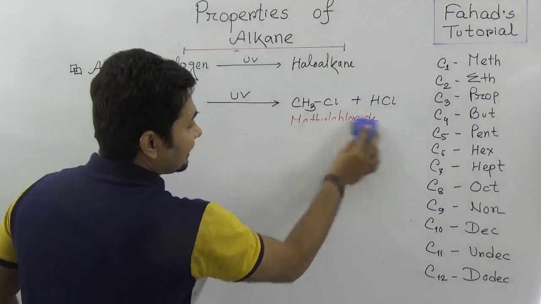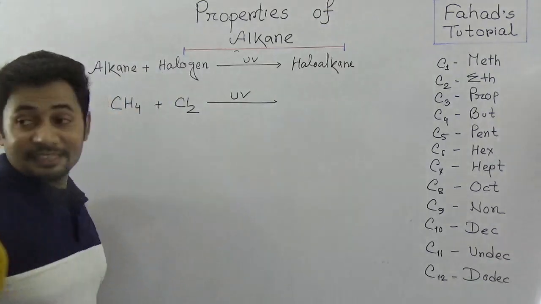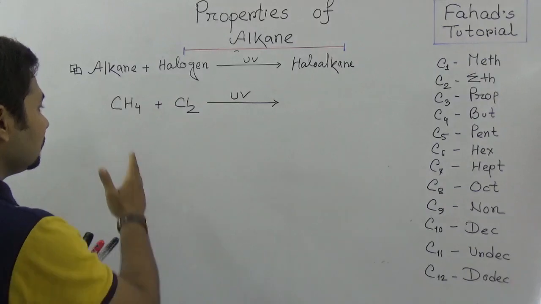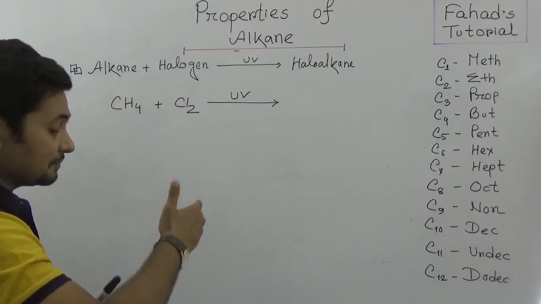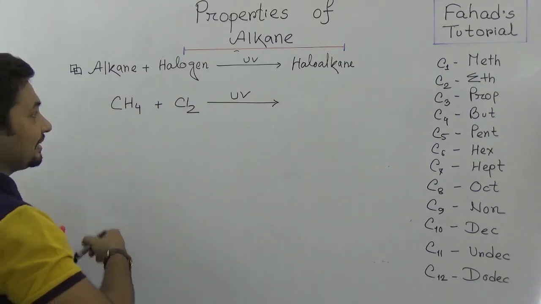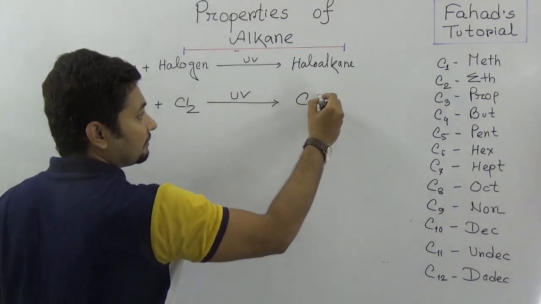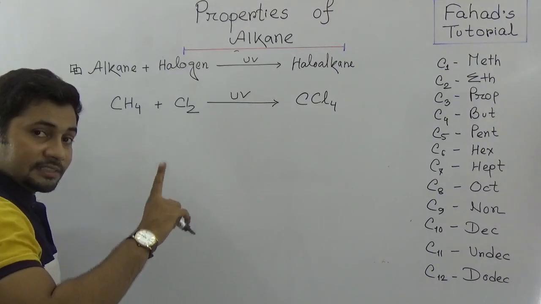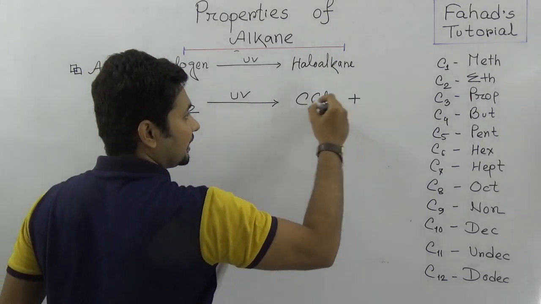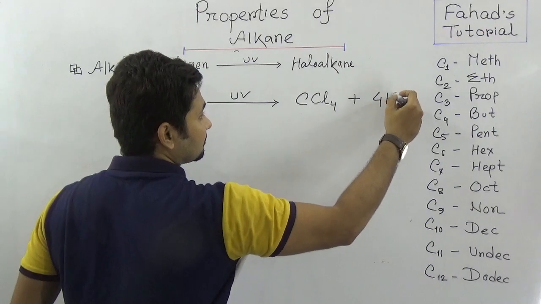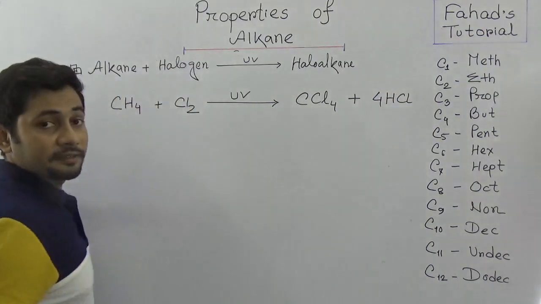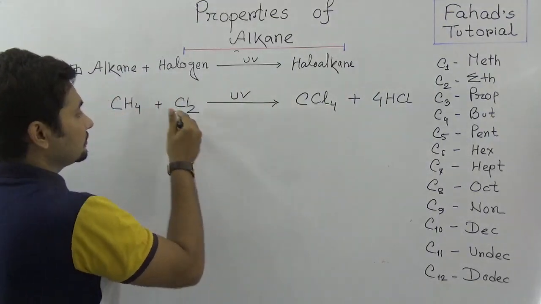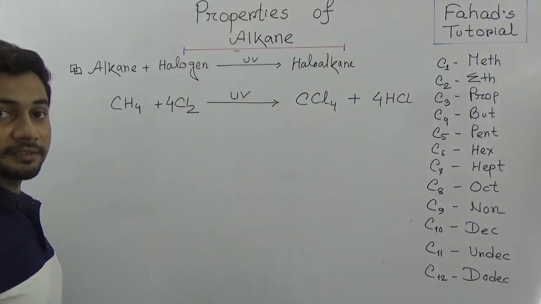Now think about what will happen if the ultraviolet comes in a certain way: then all the hydrogen will be substituted by chlorine at a single time, so CH4 will become CCl4. All hydrogen is substituted by chlorine, so 4 hydrogen come out and produce 4HCl. Now you see the chlorine is 4 here and 4 there, 8. So there should be 4 chlorine.